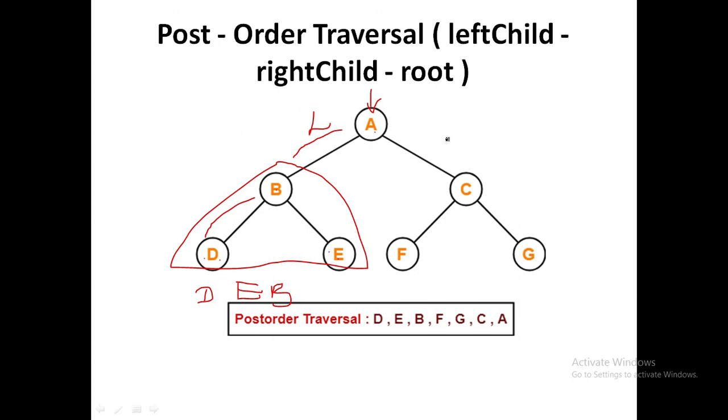After that, we have to visit the right subtree. On the right side, first we have to write the left element of the subtree. So C has the left child F, then right.